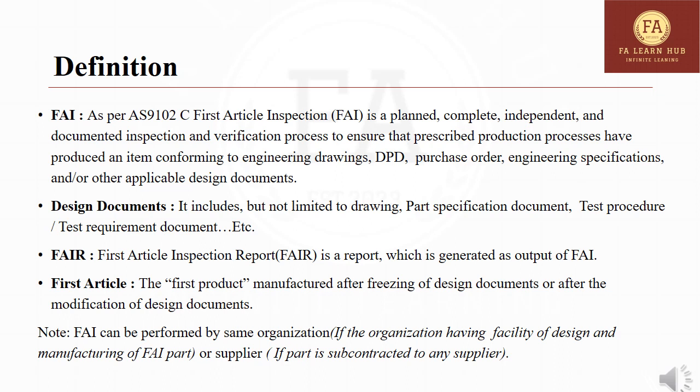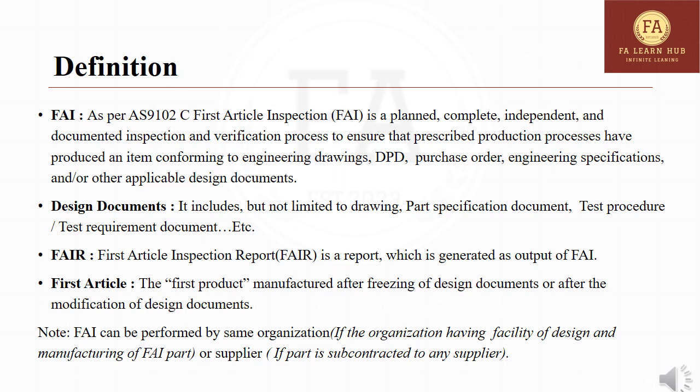What is meant by design document? It includes but is not limited to drawing, part specification document, test procedure, test requirement, and DPD such as Gerber file or 3D drawing, etc.